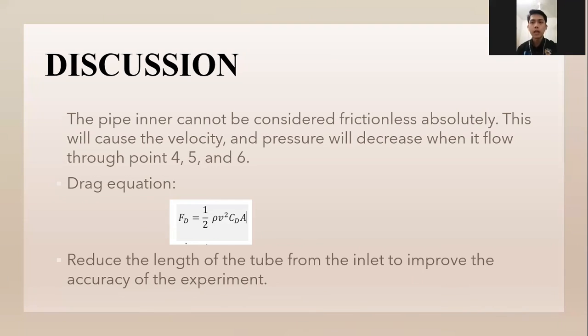This phenomenon can be explained with the drag equation: 1/2 rho v squared C_D A. To reduce the friction error in this experiment, we can reduce the length of the tube from the inlet. This will make the error decrease and the result of this experiment more accurate.